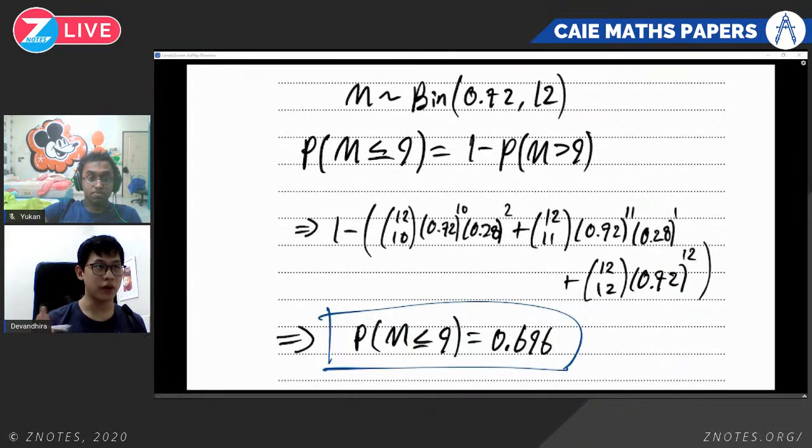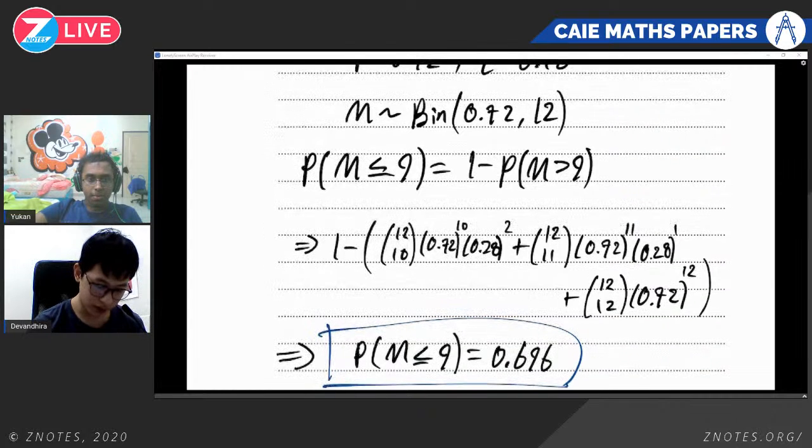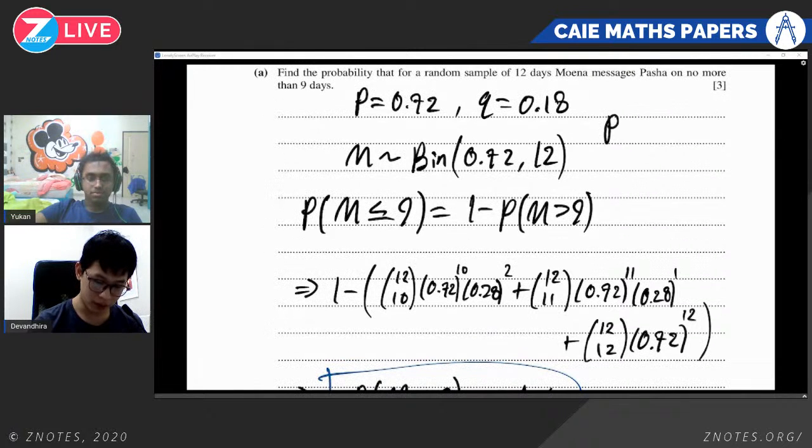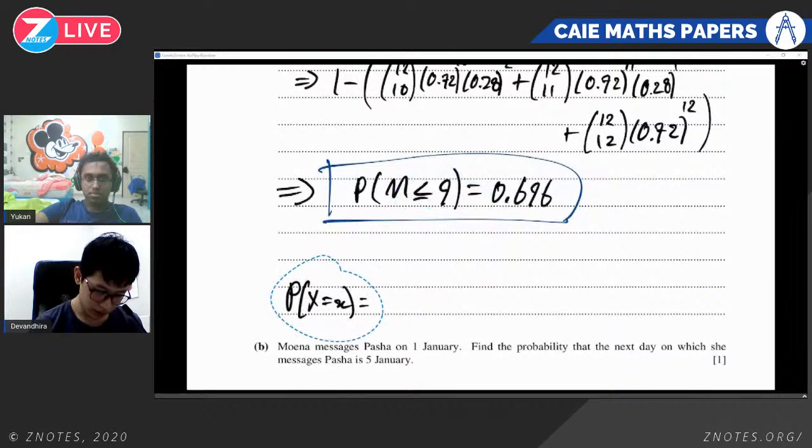First we have to look at when the case is 10, right? So when it's 10, I forgot to say how to find it. For a specific probability in binomial, let's say x is equal to x here.